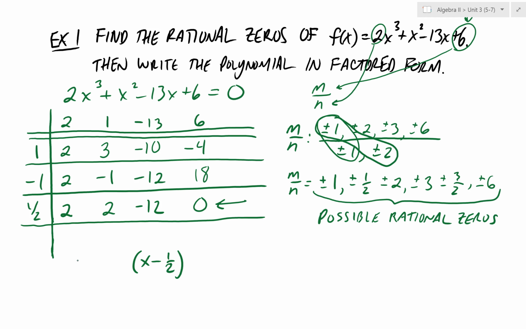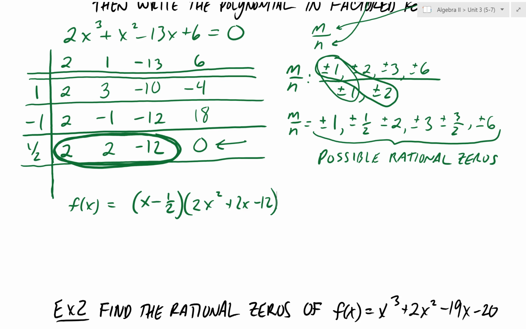So our original polynomial can now be written as x minus 1/2 times something. We know x minus 1/2 is a factor because it made the polynomial equal to 0. Now remember, we can get the remaining polynomial just by looking here. This gives us the quotient, which is 2x squared plus 2x minus 12.